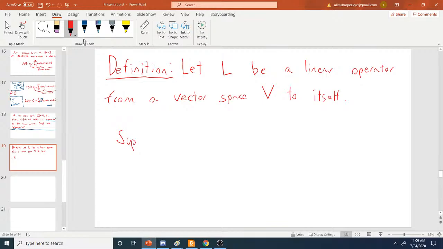Suppose that L of x, and actually I'm going to assume that x is non-zero. Suppose that L of x is equal to lambda times x for some x not equal to 0.